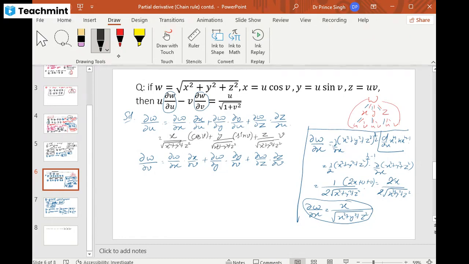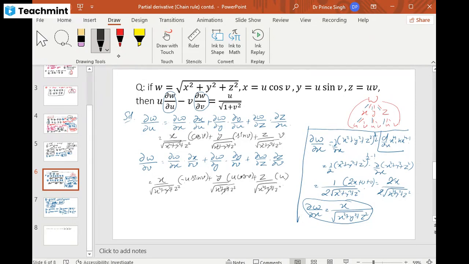Okay, and if we calculate ∂w/∂v, which is again x upon square root of x² + y² + z², but the derivative of x with respect to v is minus u sin v, and this is y upon square root of x² + y² + z². The derivative of y with respect to v is u cos v, and this is z upon square root of x² + y² + z², and the derivative of z with respect to v is u.